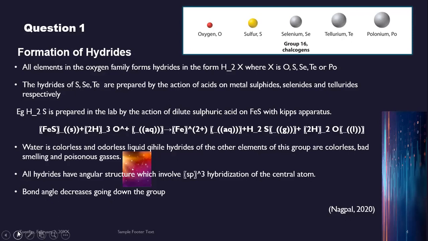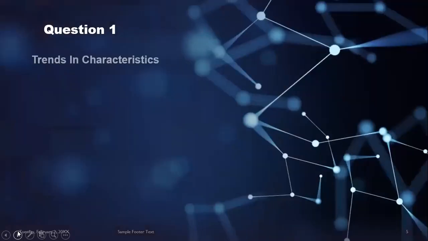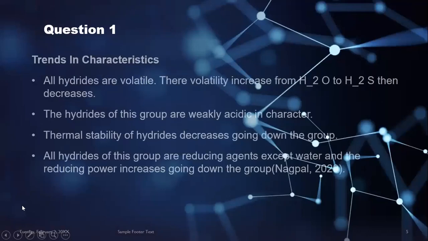Some of the trends and characteristics of hydrides: all the hydrides are volatile. The volatility increases from water to hydrogen sulfide, and then it decreases. Thus, the trend of volatility is water is less than hydrogen sulfide, which is less than hydrogen selenide, which is less than hydrogen telluride.